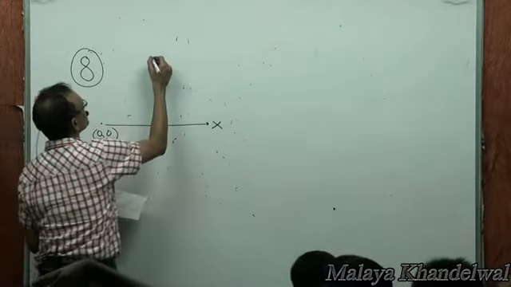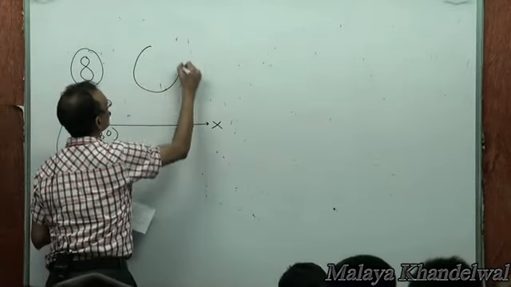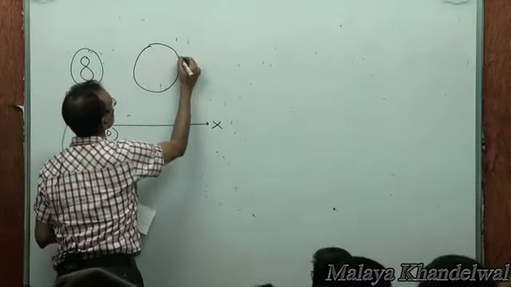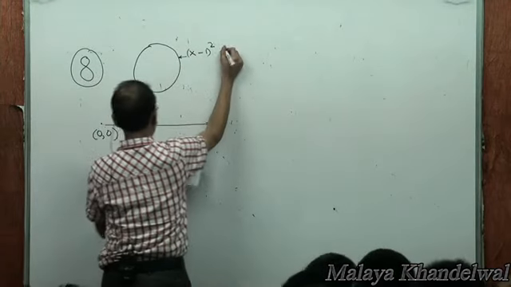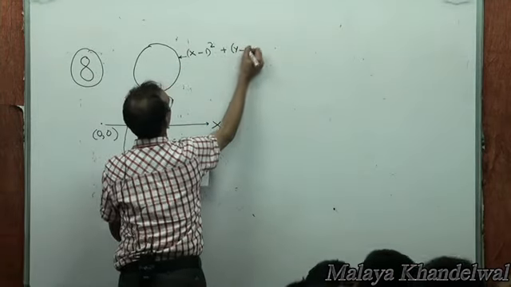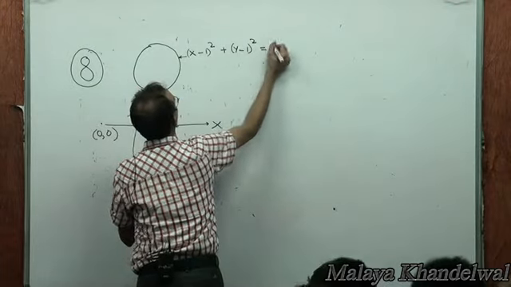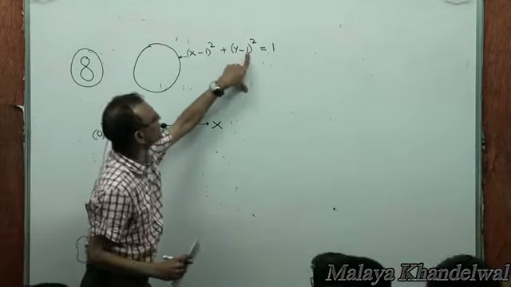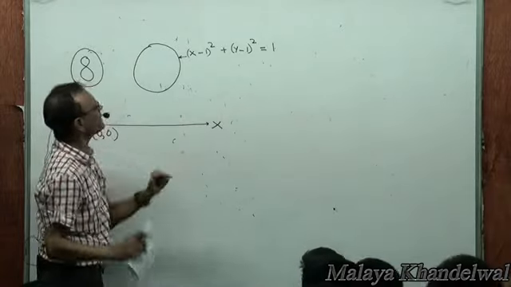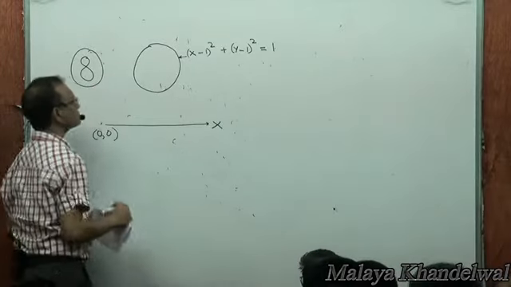And it intersects this curve. This curve is, say, (x minus 1) whole square plus (y minus 1) whole square is 1. This you will learn is a circle with center (1, 1), radius 1. But even if you didn't know this, it's okay.